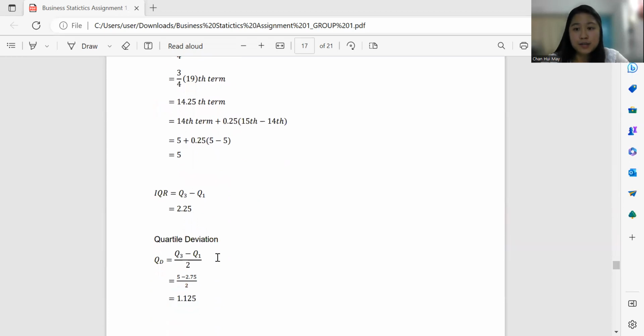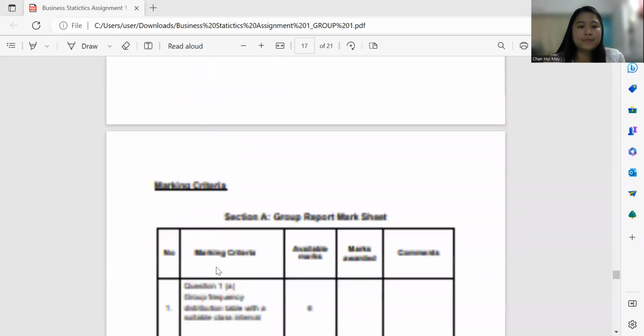After I get Q3 and Q1, I need to find the interquartile range, which is Q3 minus Q1. The answer is 2.25. After I find the IQR, I need to find the quartile deviation. The formula of quartile deviation is (Q3 minus Q1) divided by 2. So my answer is 1.125.